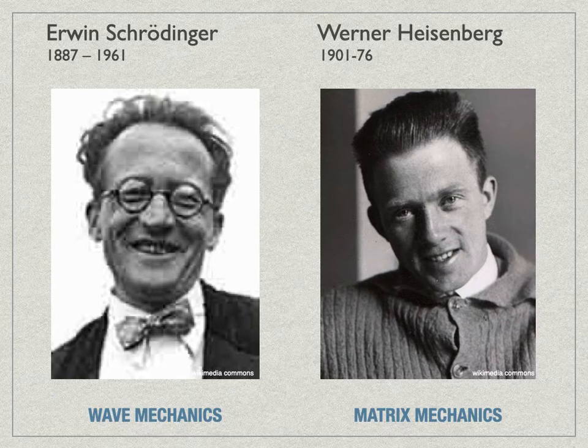The two people to initially sort this out: a guy by the name of Erwin Schrödinger, who is responsible for wave mechanics. In wave mechanics, he built models of standing waves where only certain frequencies allow waves to move through any particular medium.